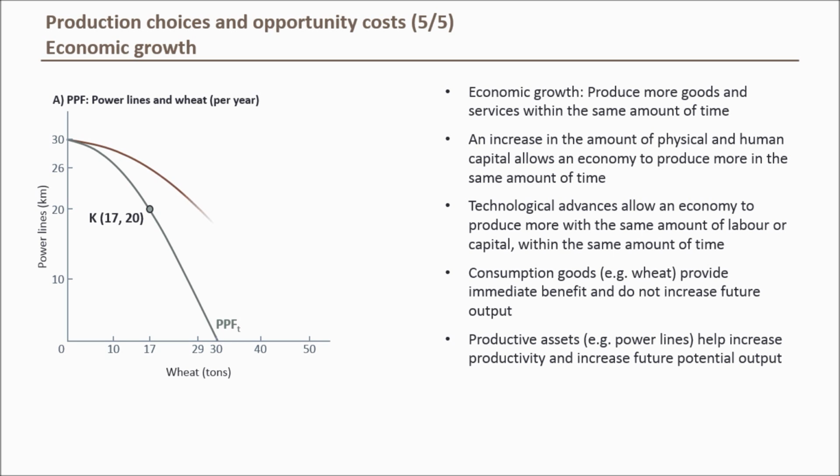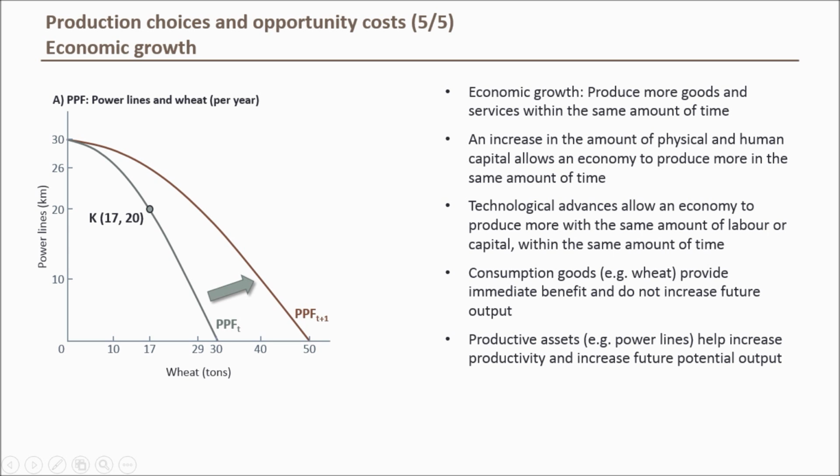This is illustrated by line PPF t plus 1, representing one period further into the future. Notice how the new PPF line is not equally distant from the original PPF line PPF t. This is because only wheat production is improved due to the improvement in crop yields. The technology used for power line production remains the same.